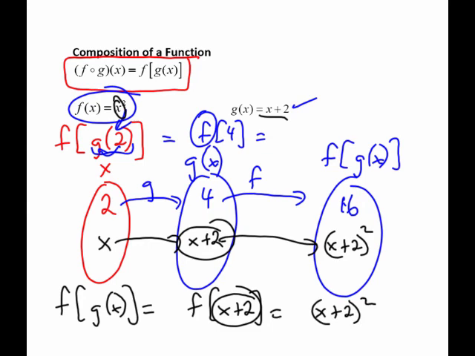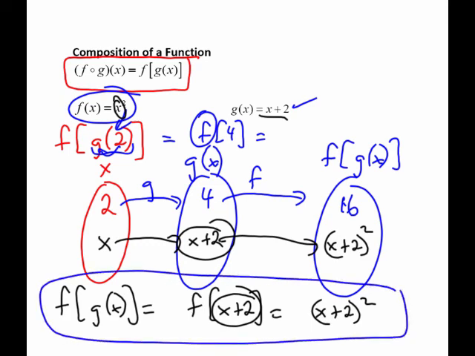And when you do the composition of a function in general, obviously that makes it easier to calculate the value of any particular value of x. So if I wanted to check my first calculation, f of g of 2, which got me 16, I could simply plug 2 into this function. 2 plus 2 is 4, squared is indeed 16.